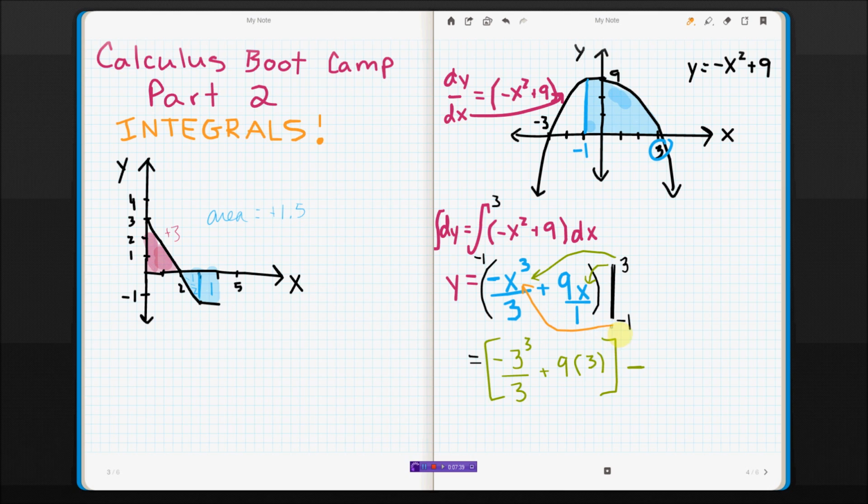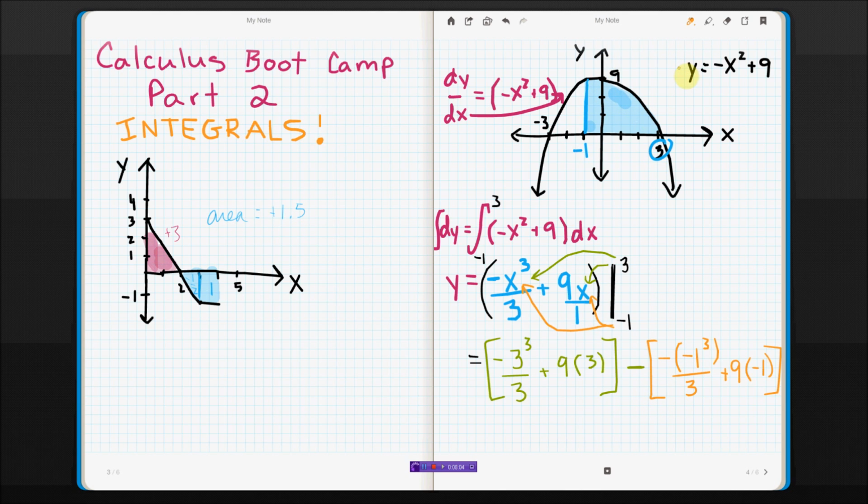Put it there and put it there. So now I'm going to have -1 cubed over 3 plus 9 times -1. Now you've got like a nasty math thing, but totally doable.